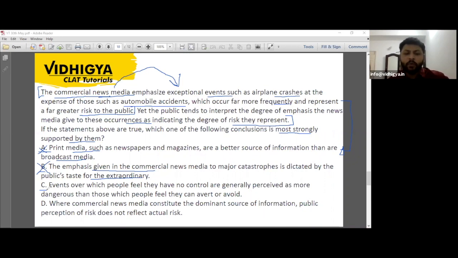C: events over which people feel they have no control are generally perceived as more dangerous than those which people feel they can avert or avoid. Now this particular statement is too general to be considered correct.